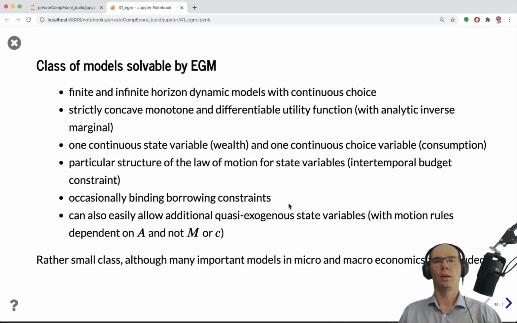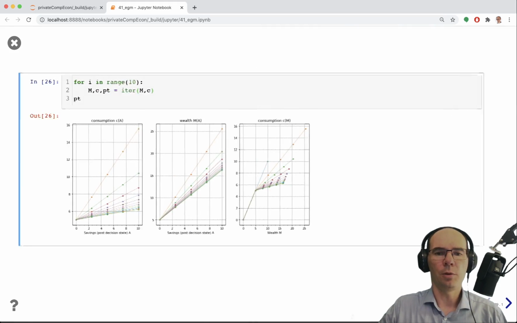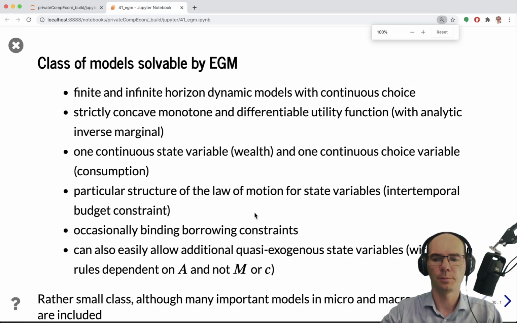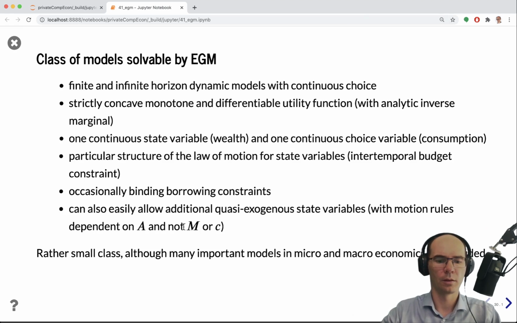Okay, so hopefully I've convinced you that EGM is a really, really nice method, but the question is, how big is the class of models which is solvable by EGM? Let's think about what we needed for EGM to work so far. Finite or infinite horizon, continuous choice, right?